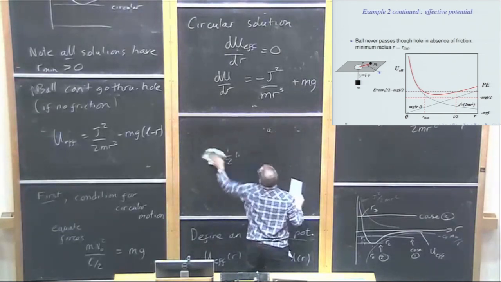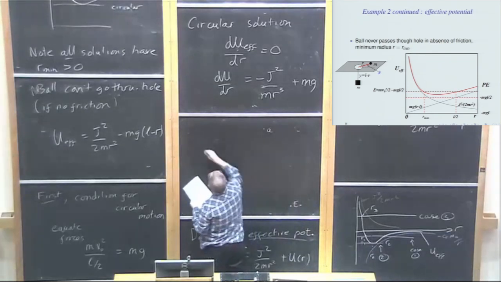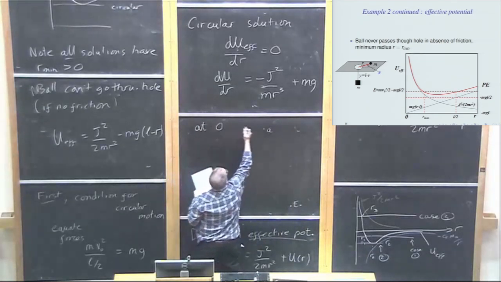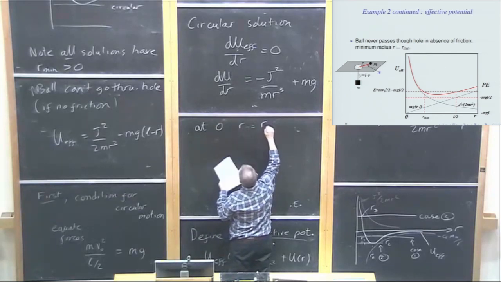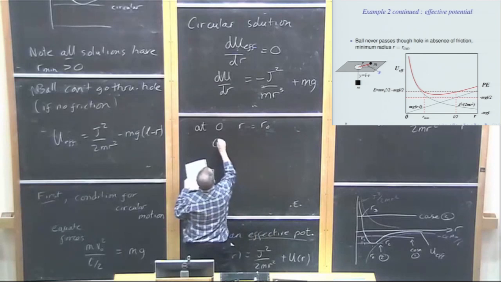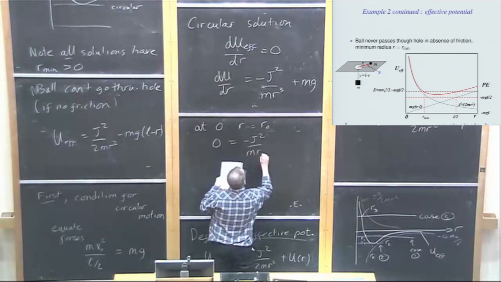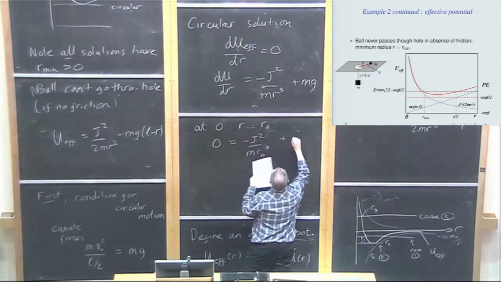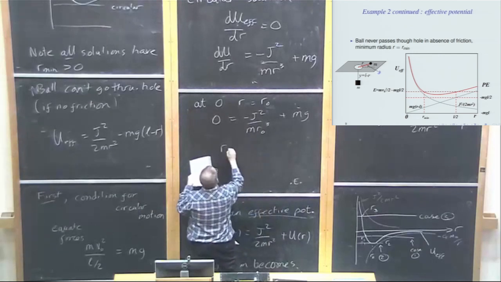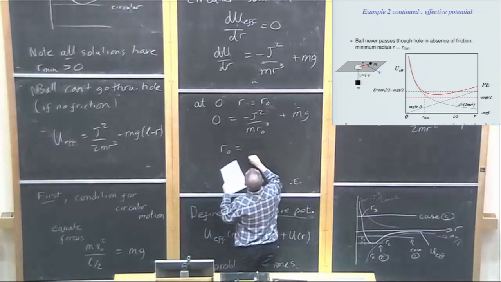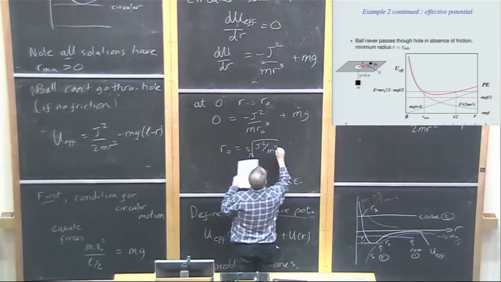So at 0, this gives us r equals what I call R0. So we have 0 equals minus J squared over m R0 cubed plus mg. So this gives me that R0 equals the cube root of J squared over m squared g.